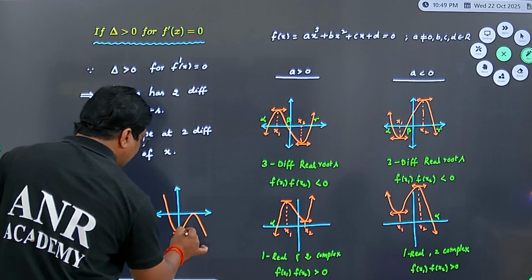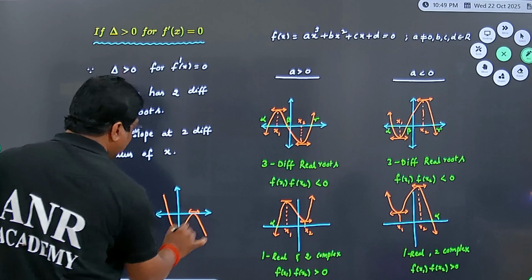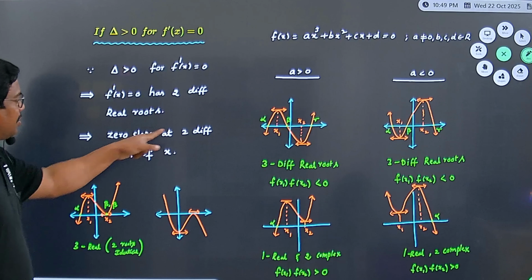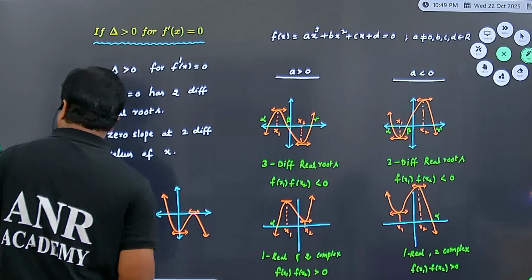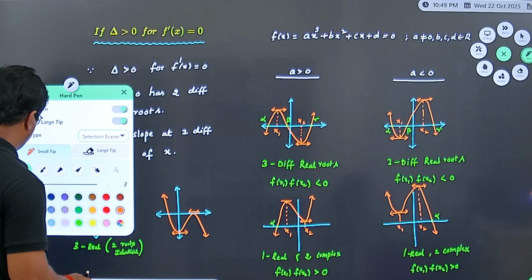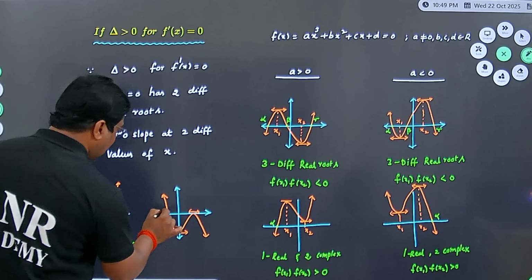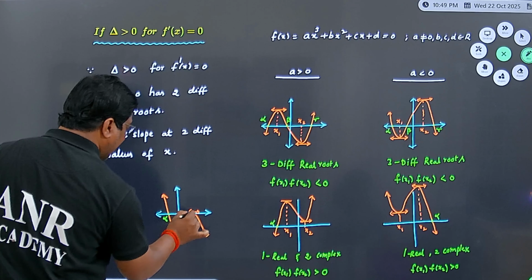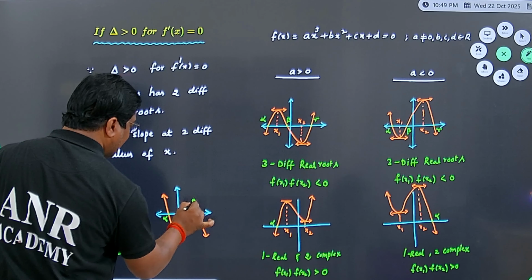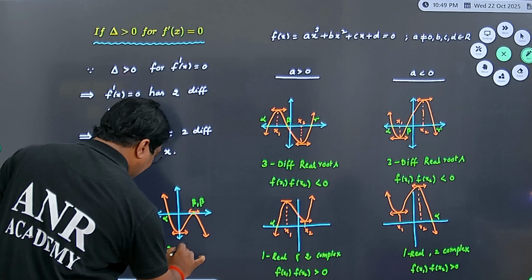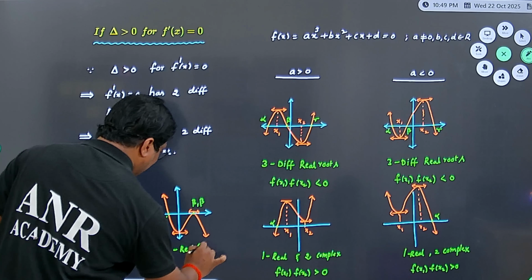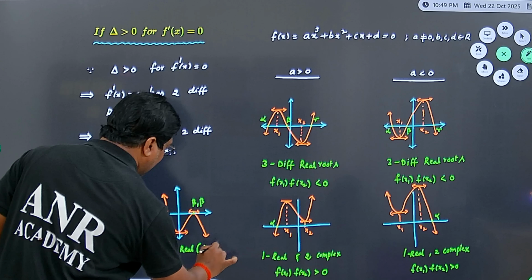Slope 0 here and here. The condition is satisfied: 0 slope at two different values of x. And here there is one root alpha and the remaining roots are equal, beta comma beta. So I can say that there are 3 real roots, but 2 are identical.